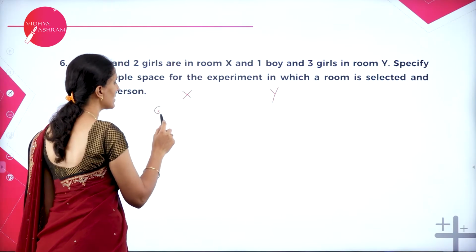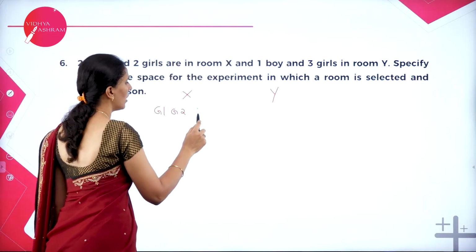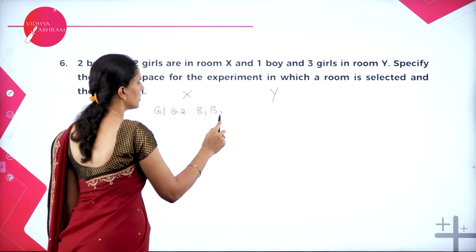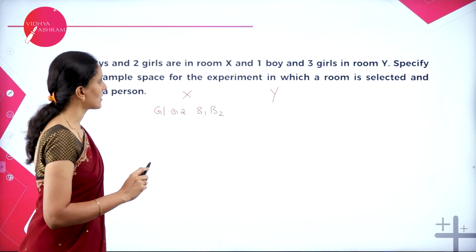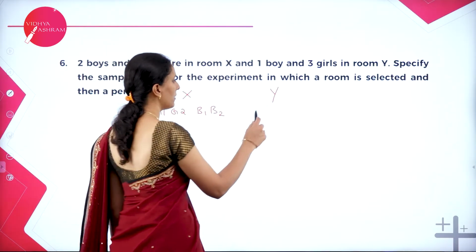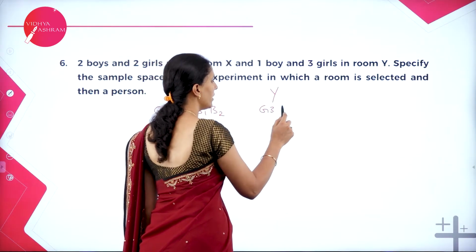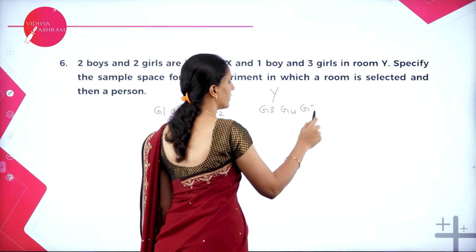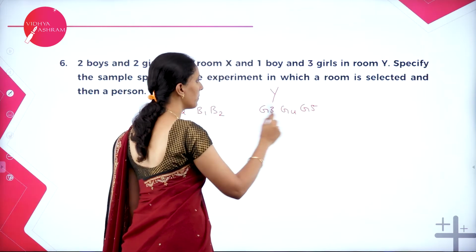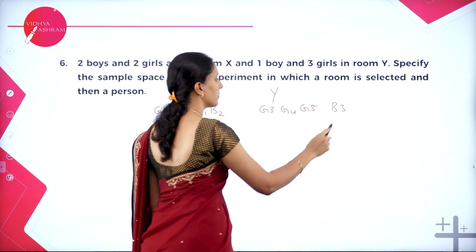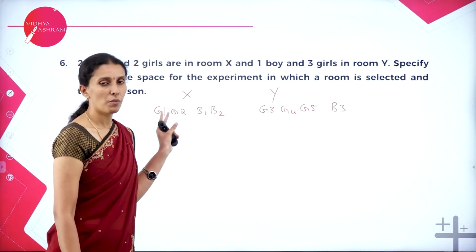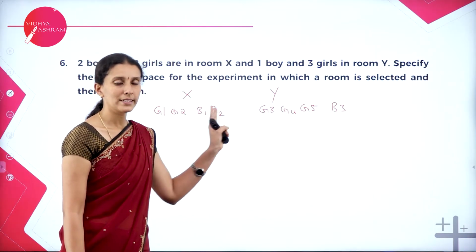Let me take it as G1, G2, boy 1, boy 2. So these belong to room X. So we have 3 girls. Let me write it as G3, G4, G5, girls and 1 boy. B1, B2 is null. Let me write it as B3. So these are the numbers of boys and girls in room X and room Y.